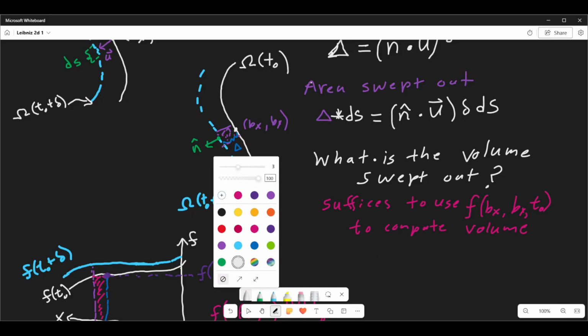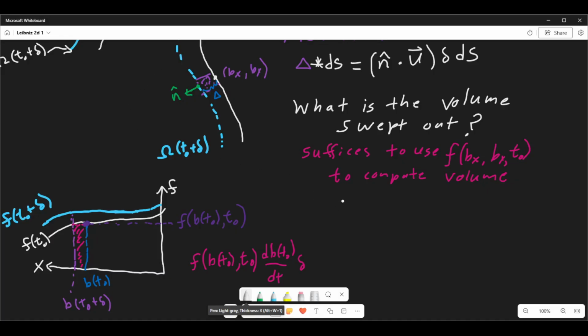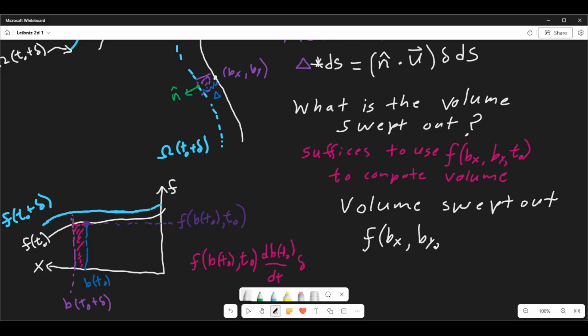So ultimately, the volume swept out is going to equal the function of bx, comma by, comma t naught, times the area of the base, which is the u vector dot n hat ds.